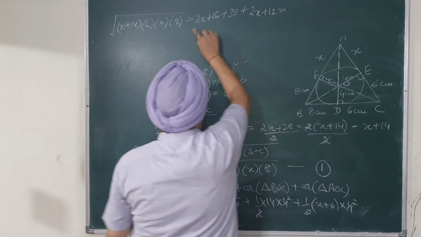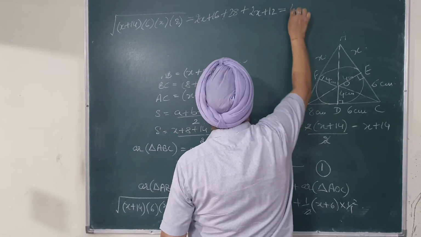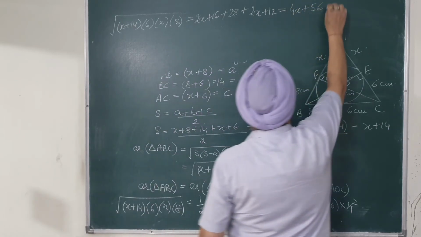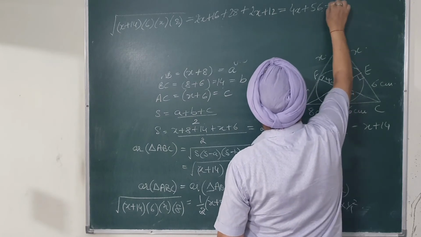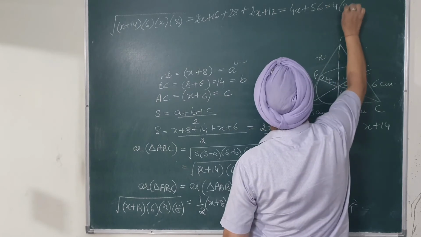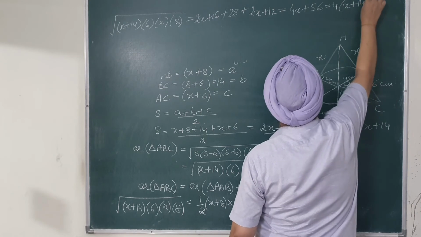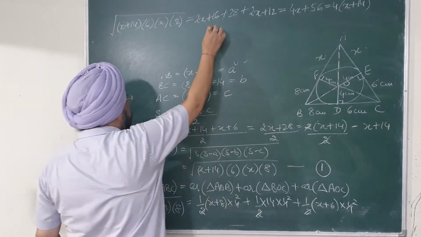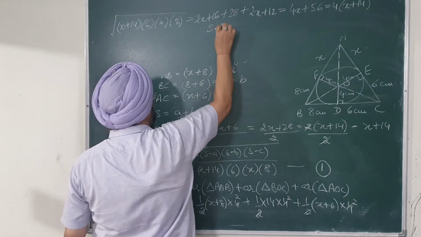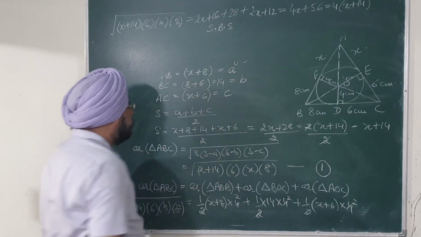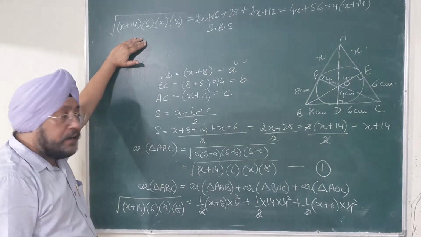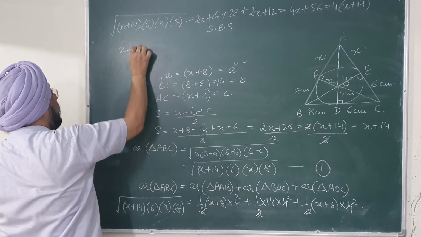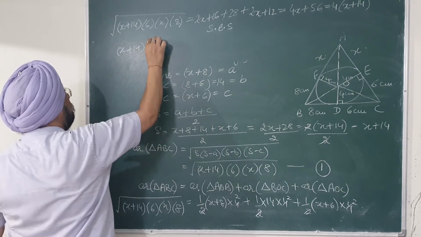So when I add all these values, I get 4x plus 56, or I can take 4 out as common from these two to get x plus 14. Now squaring both sides. Now what do we get? If we square this side, the root will be cancelled. Rest all the values remain the same.